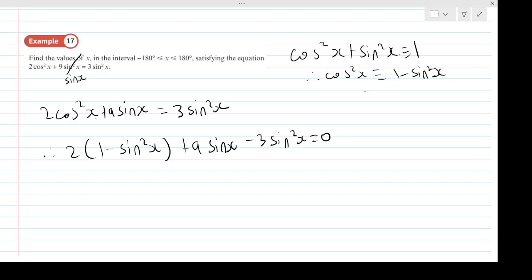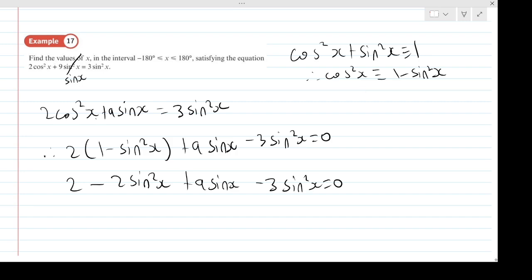And now hopefully you start to see we're resembling a quadratic equation for sine, right? Sine squared, a sine, and so on, equal to 0. So we're starting to get an equation now, okay? There we are. So then we're going to expand this. So we get 2 minus 2 sine squared x. Then we have plus 9 sine x minus 3 sine squared x equals 0.